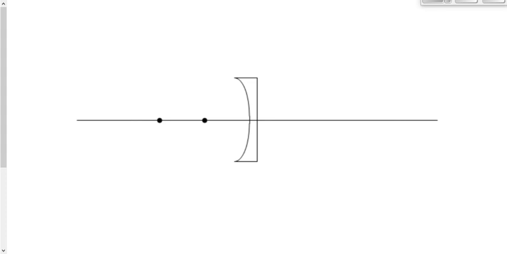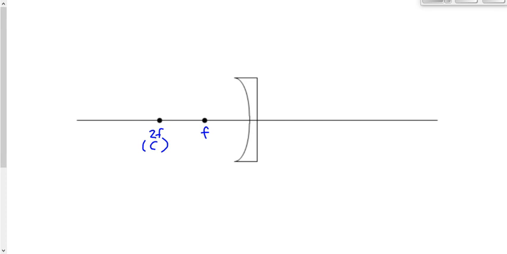You should use a ruler to draw these ray diagrams. I'm just going to sketch them just to save a little bit of time here, but you should use a ruler. This is the focal length of a converging mirror. This is 2f, or twice the focal length of the converging mirror, but I'm going to also label that C. That would be the center of curvature of the mirror.